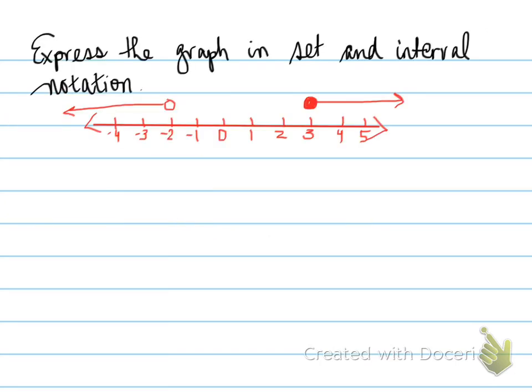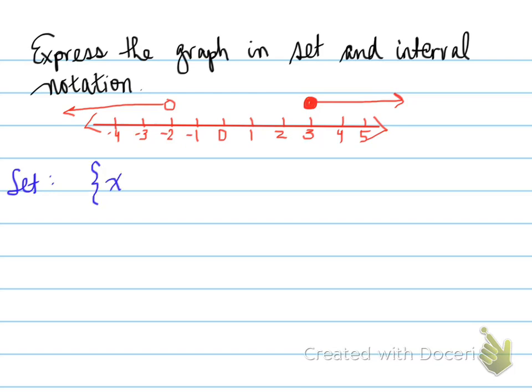Okay, moving on. Express the graph in set and interval notation. So what is this saying? This is saying, let's look at all the numbers that are less than -2. Or we jump over here and say, let's look at all the numbers greater than 3. We need to express this in set and interval notation.